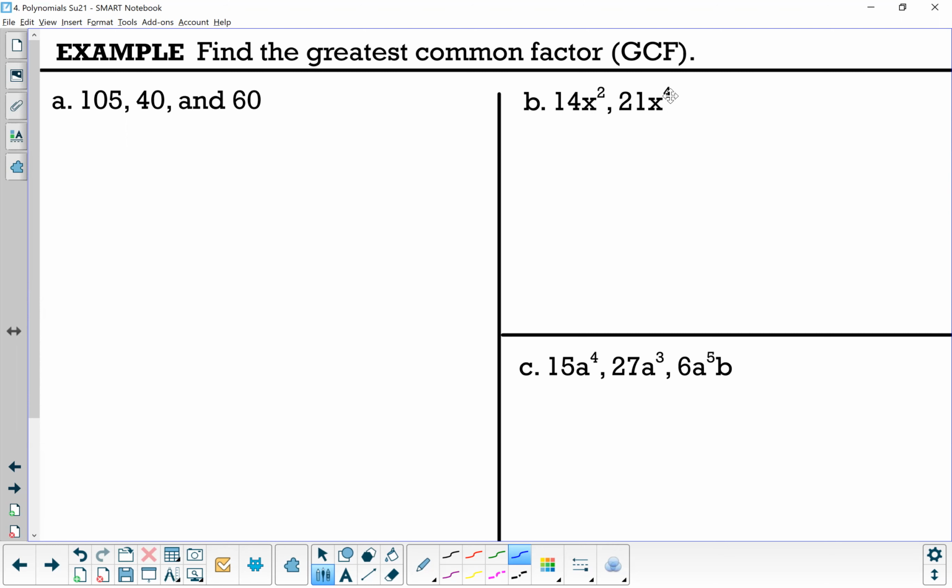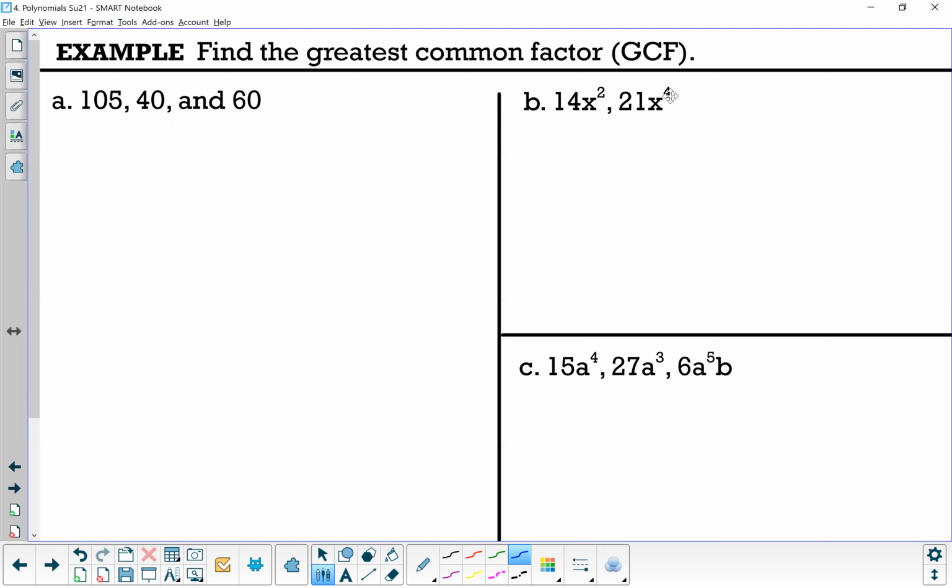So let's start with what should be a review for you. We're going to find the GCF of 105, 40, and 60. The way we're going to do it is to draw a prime factorization tree for each number.